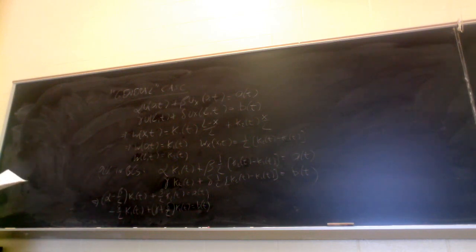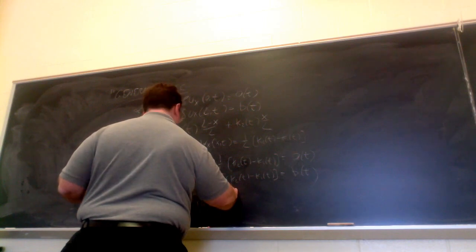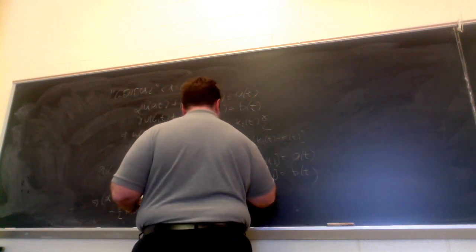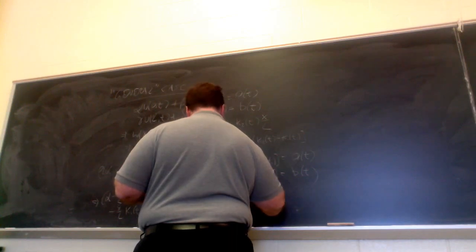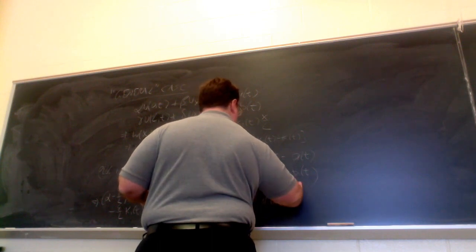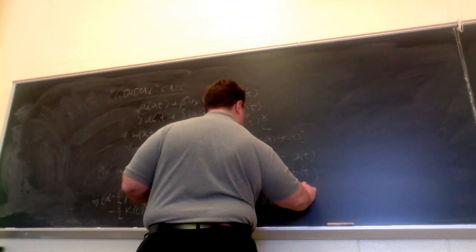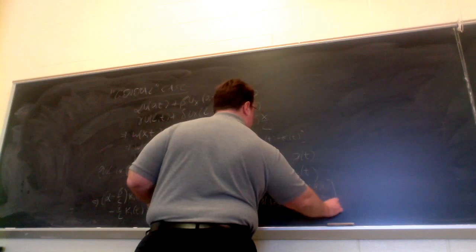All right. So now I can write this in matrix vector form. My matrix is, I'll factor out 1 over L, because I don't like fractions. So I have alpha L minus beta, beta, minus delta, gamma L plus delta, times k1, k2, equals a of t, b of t.